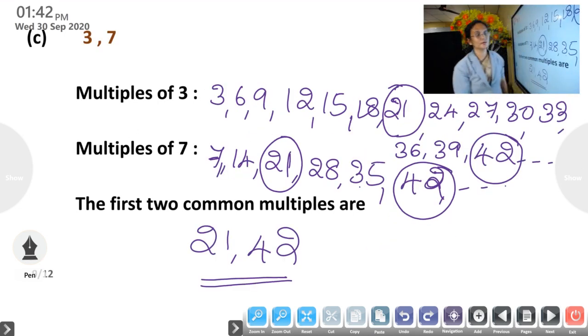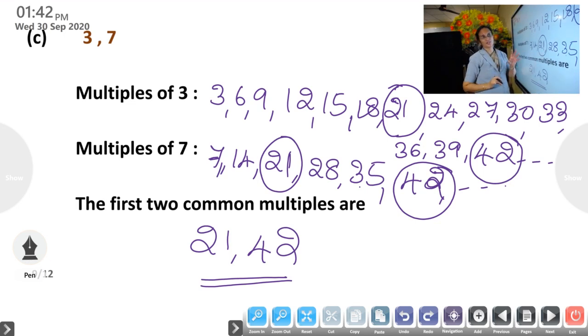Next one, we got the multiples 21 and 42, and we see that 42 is the double of 21. So you can take it as a property. If you get the first common multiple, that into 2 will give the second common multiple.